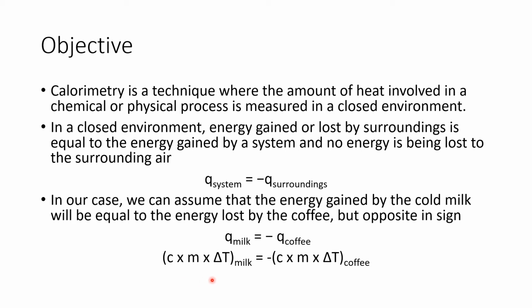In this case, our unknown is the mass of the milk. We can get the mass of the milk from the volume of the coffee that the professor is asking for. But we are searching for this right here. So that's your unknown. Keep that in mind.